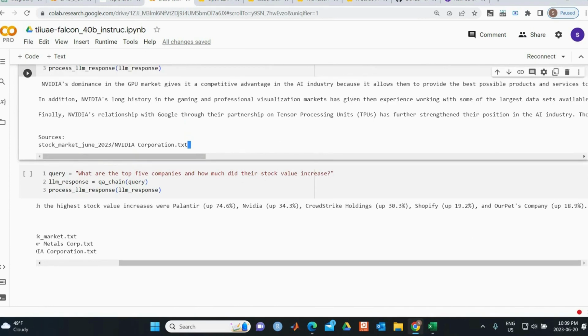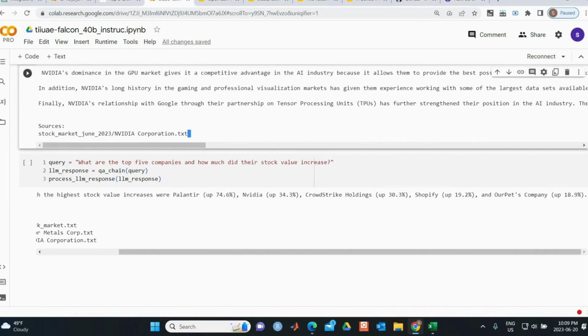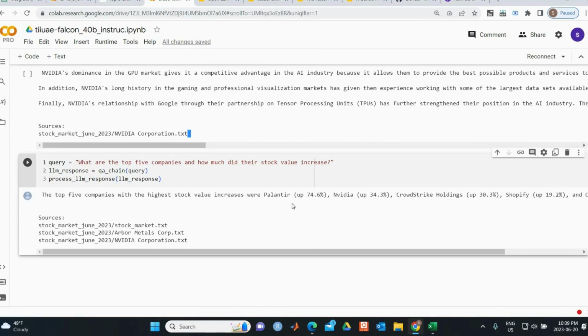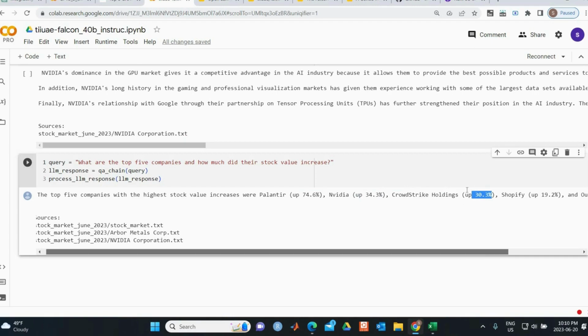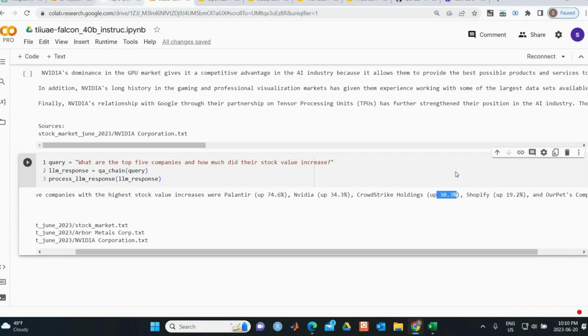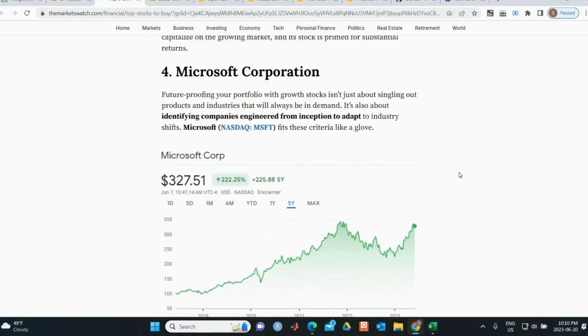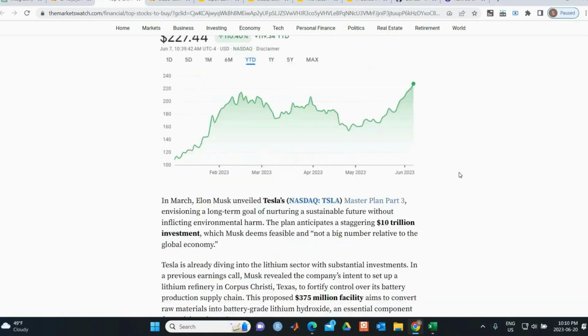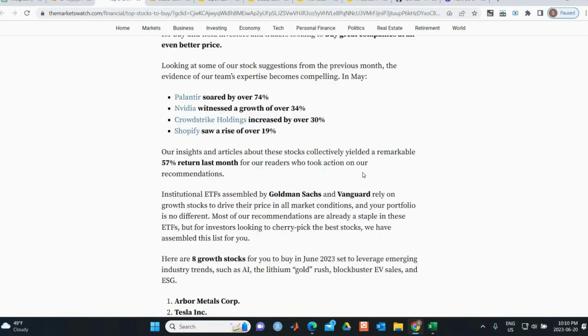Okay, the last question is, what are the top 5 companies and how much did their stock value increase? The top companies are Palantir 74.6, Nvidia 34.3, and CrowdStrike Holdings 30.3. If we look at the original text, there are no decimal points there. Let me scroll down.